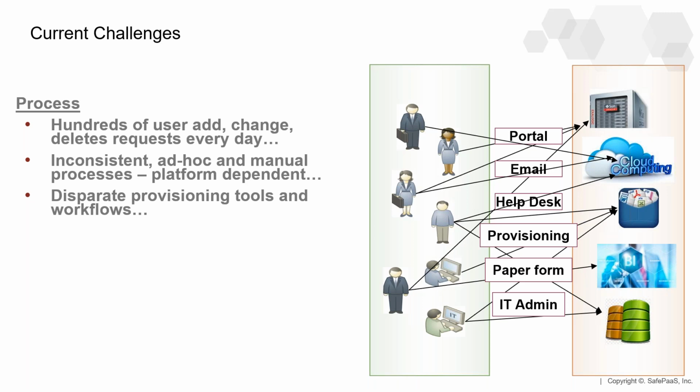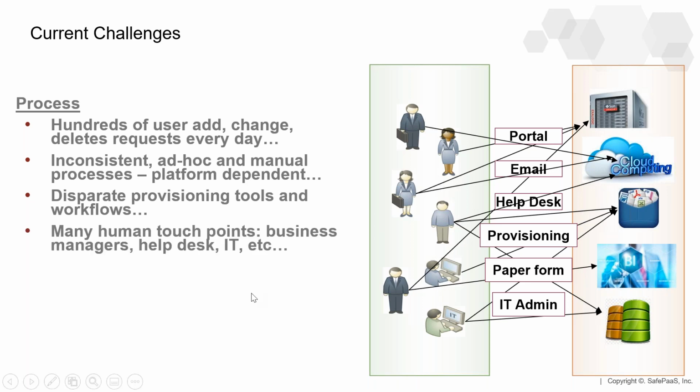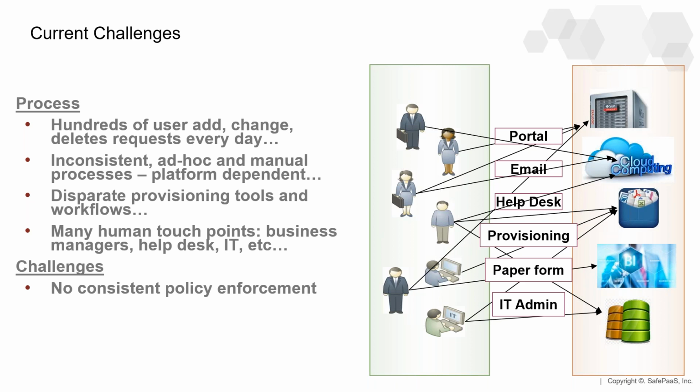They're watching in your environment how people are getting paid, how they're processing supplier checks, how the provisioning process is done, and whether they can simulate that. For example, a CFO asking to access bank account information, can we simulate that? That's how they would come in and hide their steps, their human touch points, and so forth. So the challenge is that there's no consistent enforcement, and that's where the cyber threat is elevated.